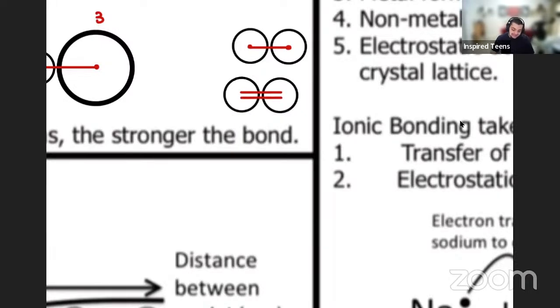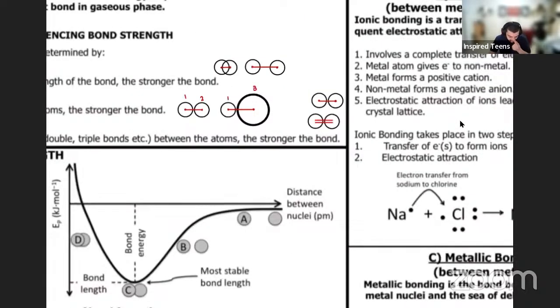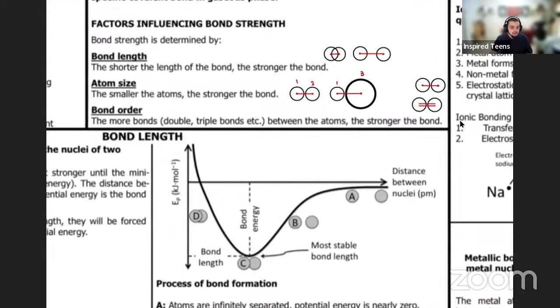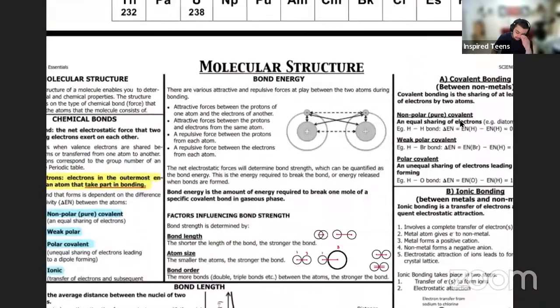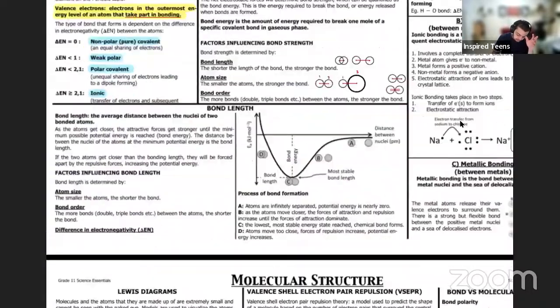Of course, double bonds would be stronger than single bonds, because it's 2 compared to 1. So that's what we're comparing in the last one: the more bonds. If you're comparing two of the same atoms, but one has a double bond, naturally the one with the double bond is going to have a stronger bond strength between the two atoms. So I hope that bond energy makes sense.